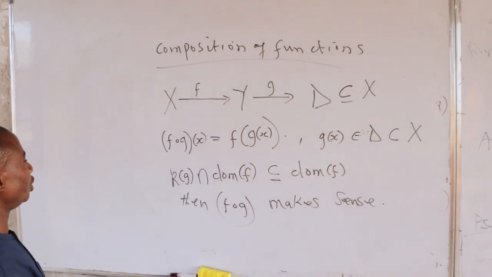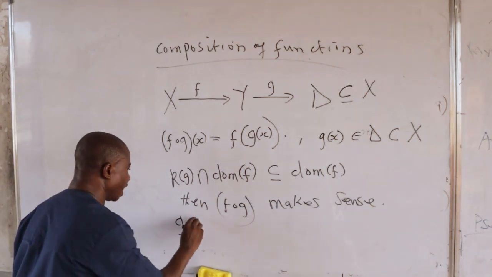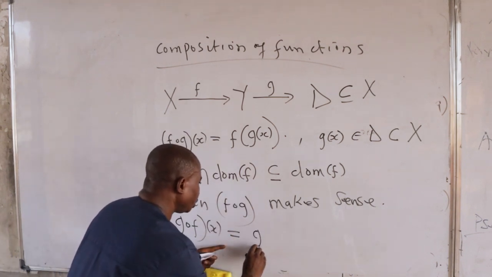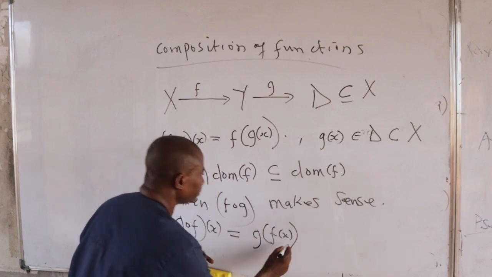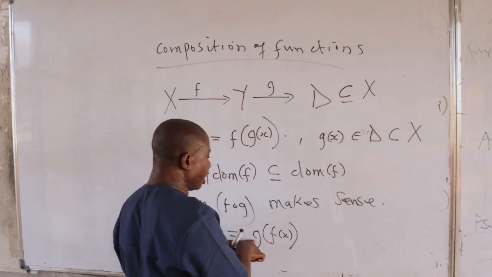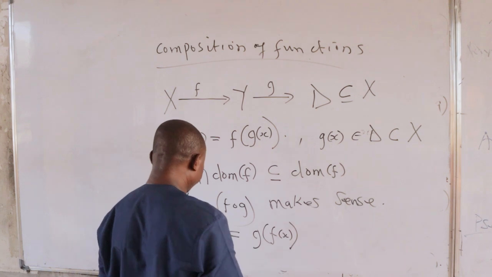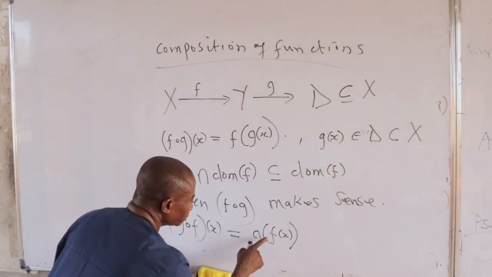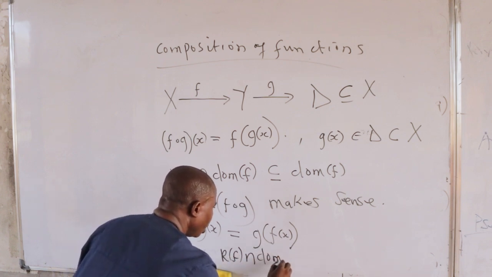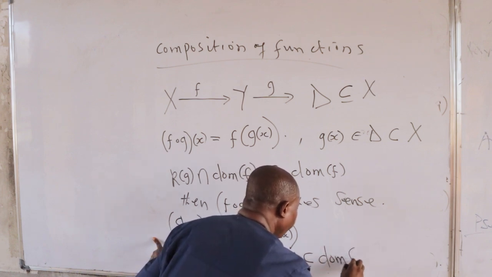That's one way to compose. We can also compose the other way around by thinking of g composed with f acting on x. Again, by definition, this is nothing but g of f of x. That says that f of x must be a member of the domain of g. Again, for this to make sense, we demand that the range of f intersection the domain of g must be a subset of the domain of g, at least.